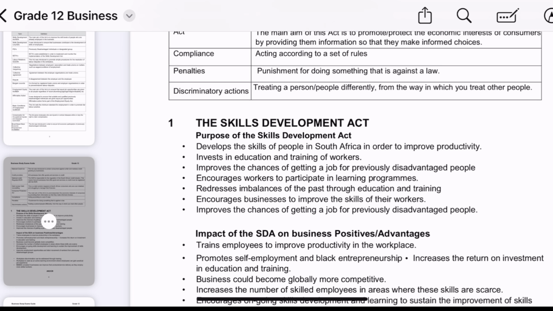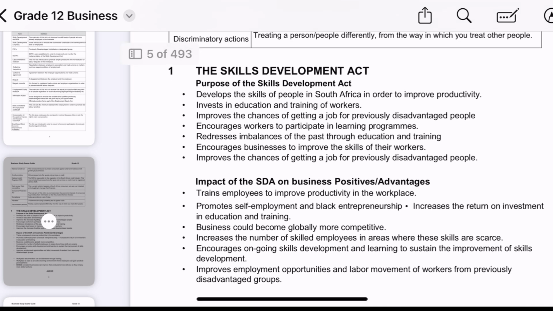You can see here we are talking about the Skills Development Act, and the purpose of the Skills Development Act. Number one, to develop the skills of people in South Africa in order to improve their productivity, and invest in education and training. You can see these points are very simple, they've been simplified.